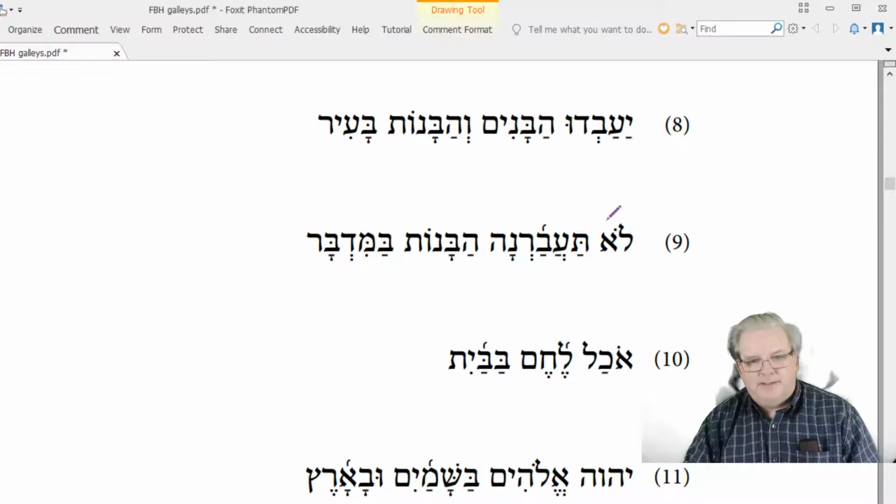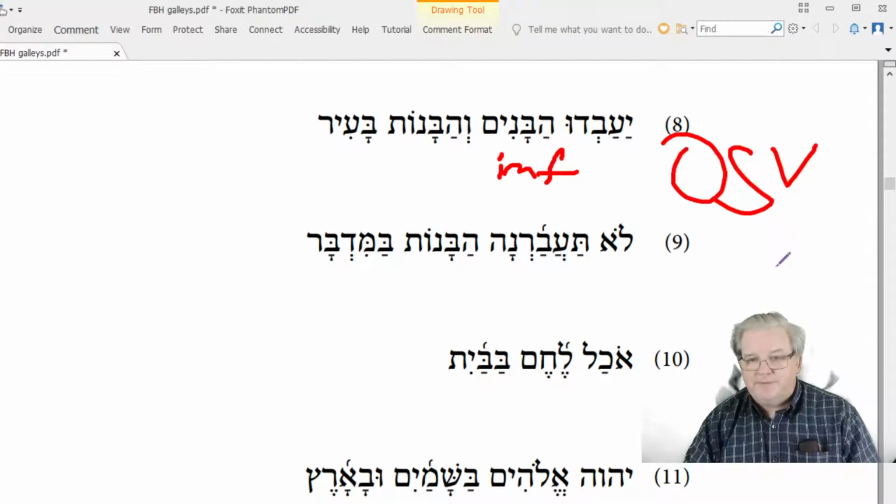Right away, you have a negative particle there. So not. But just set that aside for now. And there's your verb. Parse the verb. It is the qal, imperfect. And it is, well, it could be third plural feminine or second plural feminine. I'm going to check because it's a VSO language, verb, subject, object.